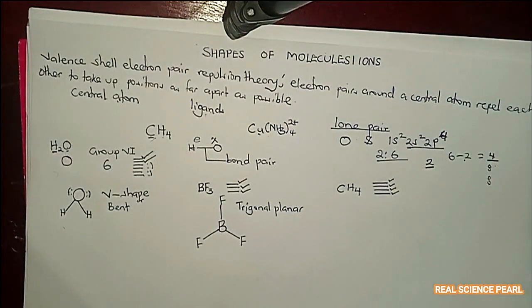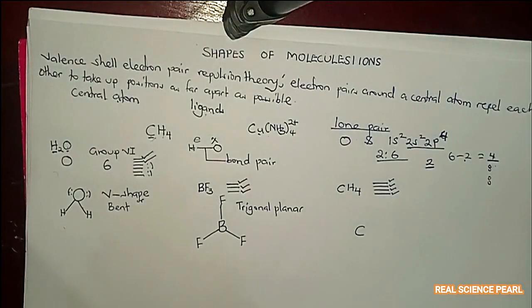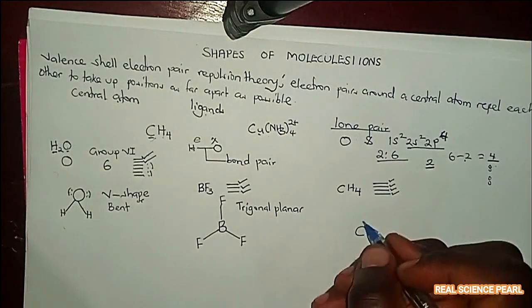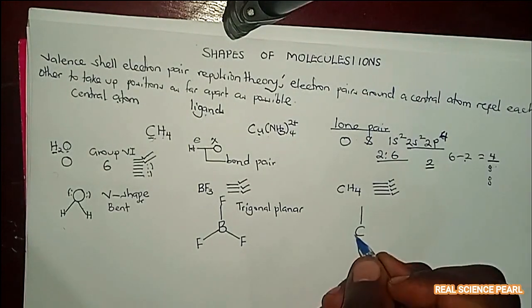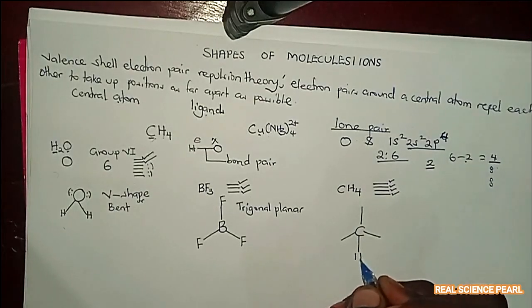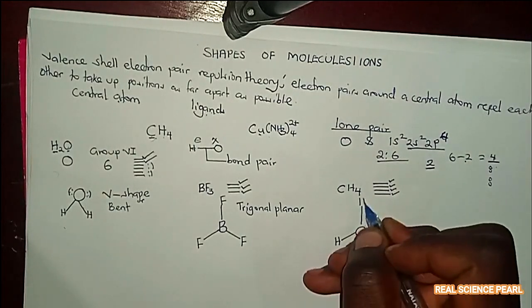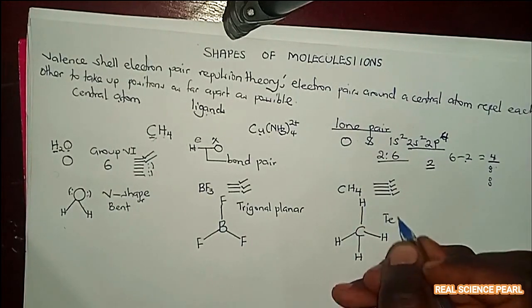So we don't have any lone pair in methane, meaning our central atom, that is carbon, we shall have 4 bond pairs, that is hydrogen, distributing itself around carbon in a tetrahedral way to minimize repulsion. And this is how we sketch tetrahedral. This is tetrahedral.